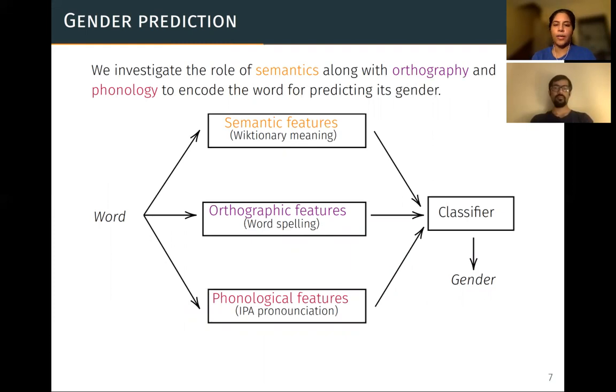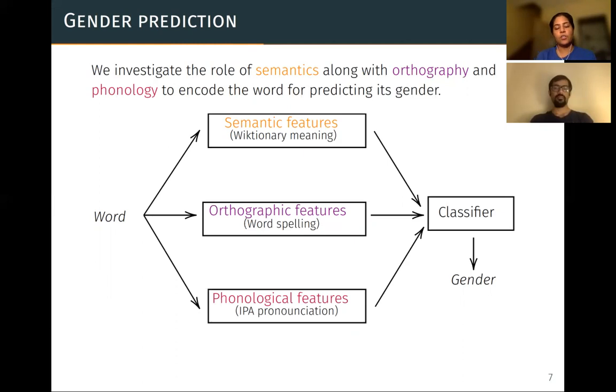Firstly, we look at semantic features, which are generated from the dictionary meaning. We used LSTM and attention-based models like XLM for generating semantic features. The next is orthographic features, where we tried LSTM and n-gram features, and we used the word spelling for generating these embeddings.